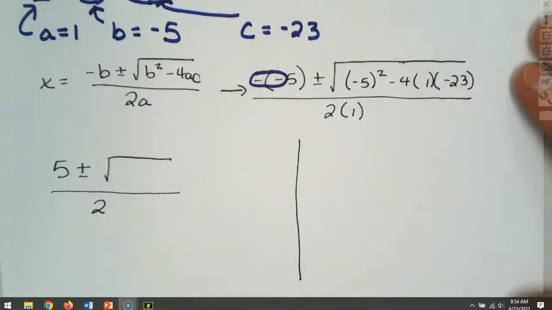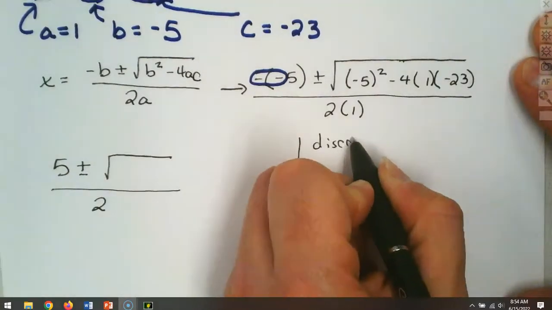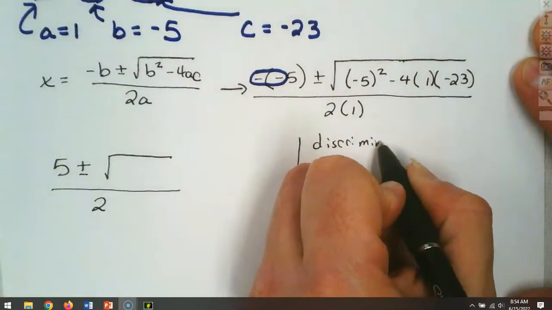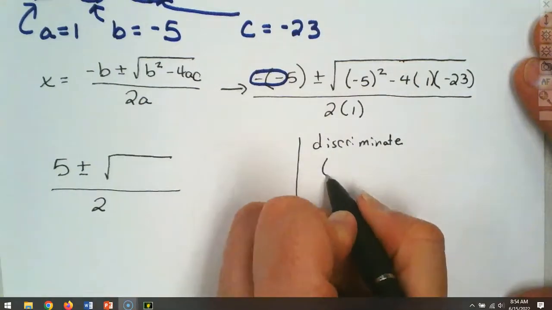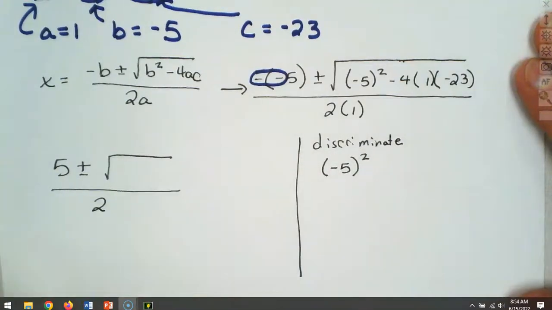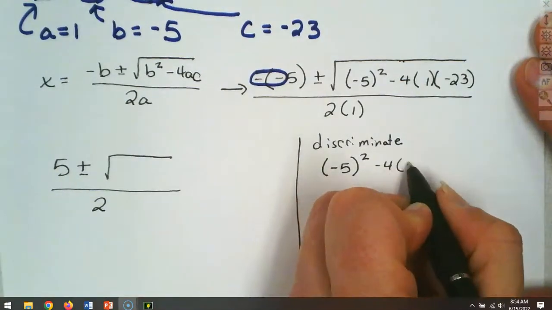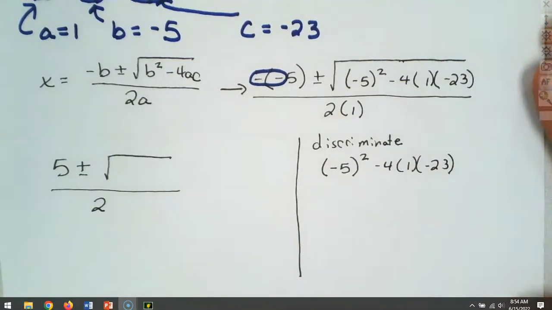Now we work with our discriminant. And the discriminant is what's underneath that root. And in this case, it's minus 5 squared minus 4 times 1 times a minus 23. This is where the most commonly made mistakes are made.